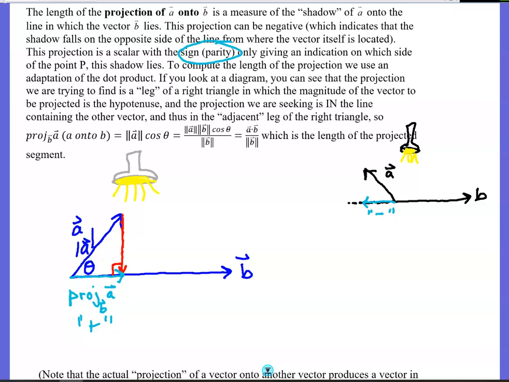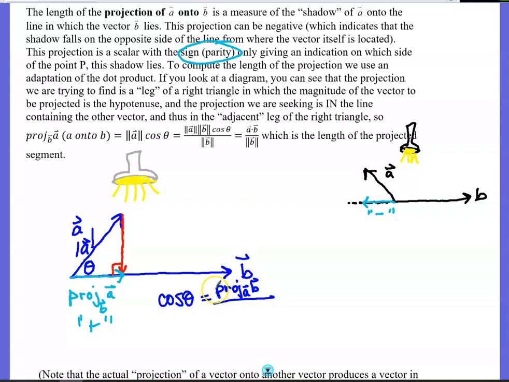If I knew that angle, and I wanted to use this length to find this length, that would be adjacent over hypotenuse, which would be the cos of theta, because it's a right triangle, right? So I'll just put projection of A onto B.